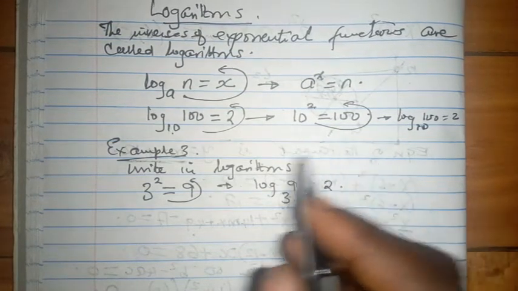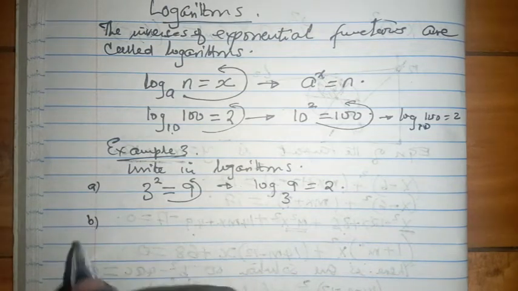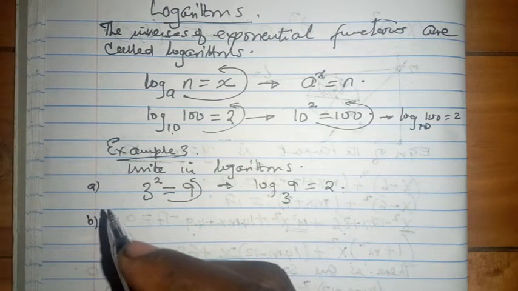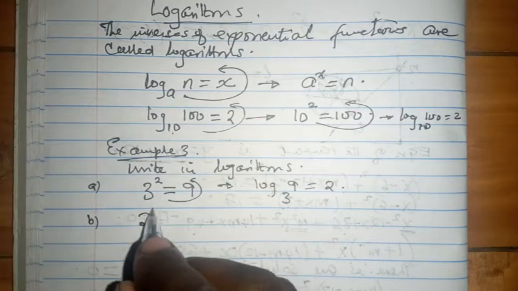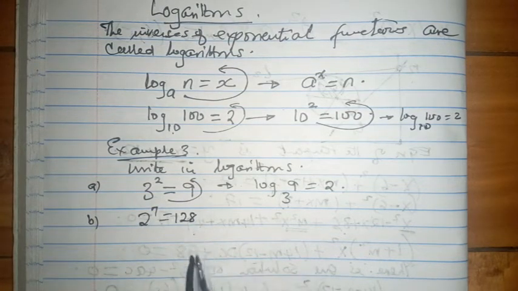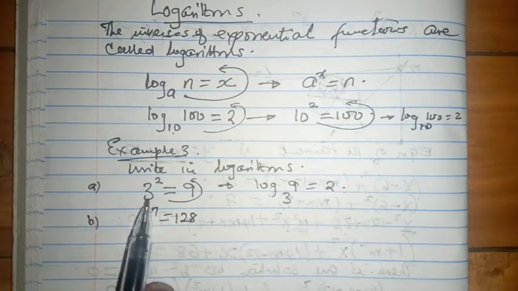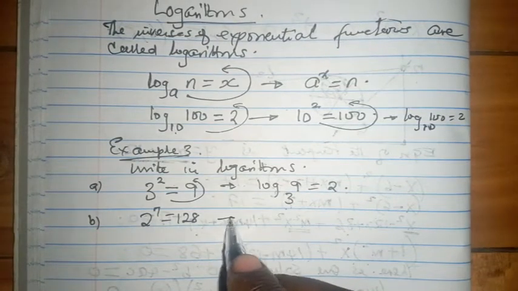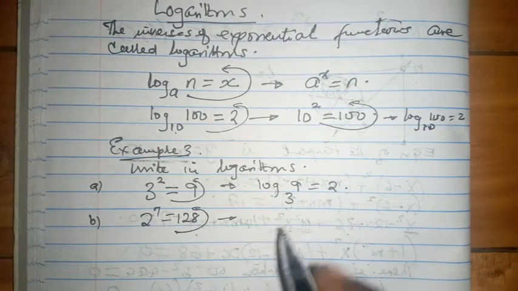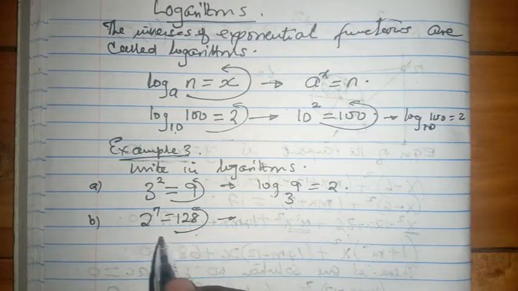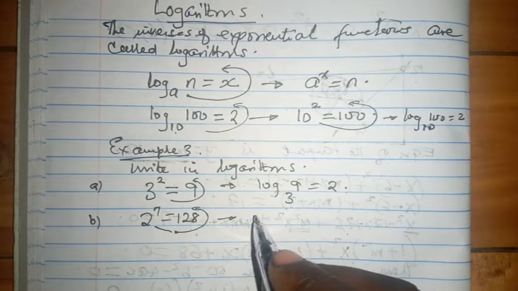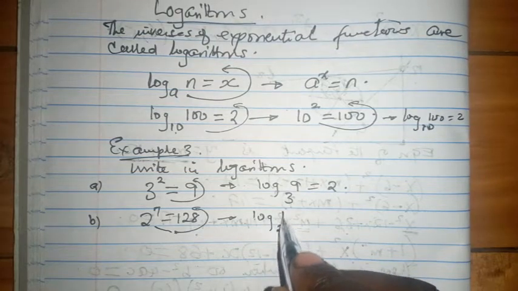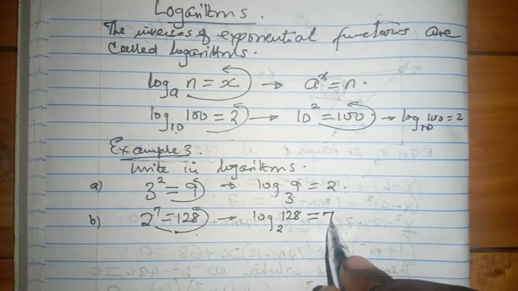If you look at part B of the same, 2 raised to power 7 is equals to 128. I don't know whether this is true, but of course you know the first one was true. 2 raised to power 7 is equals to 128, which is very correct. So if you want to write this one now in the logarithmic notation, anti-clockwise movement, we start here and talk about log to base 2 of 128 is equals to 7.